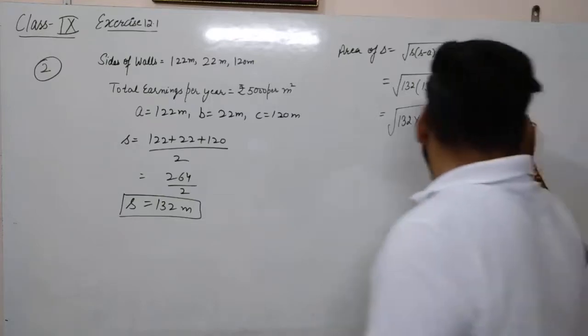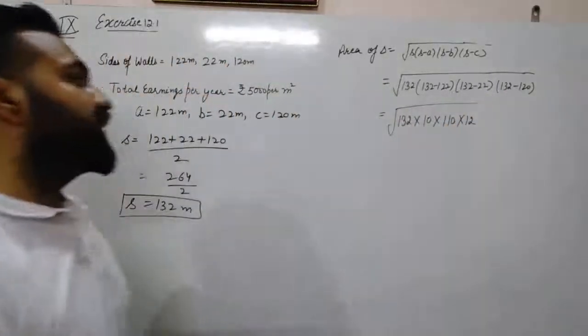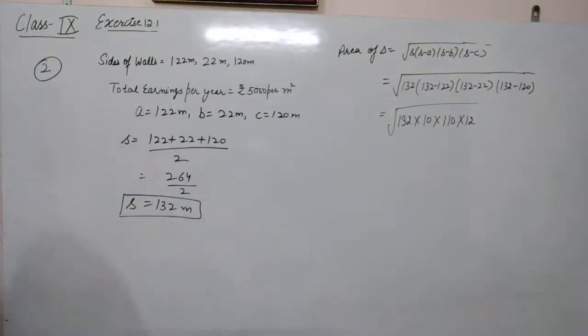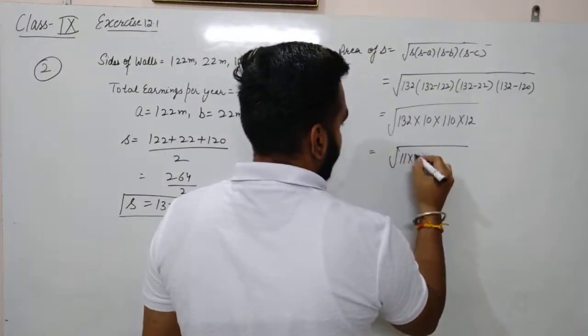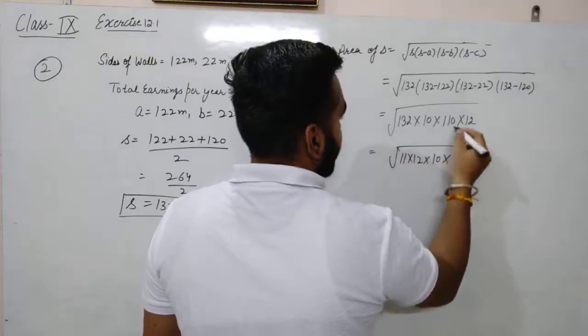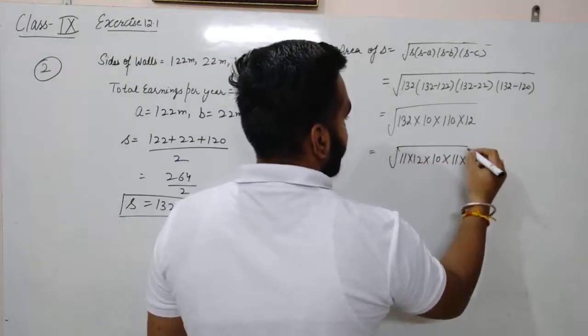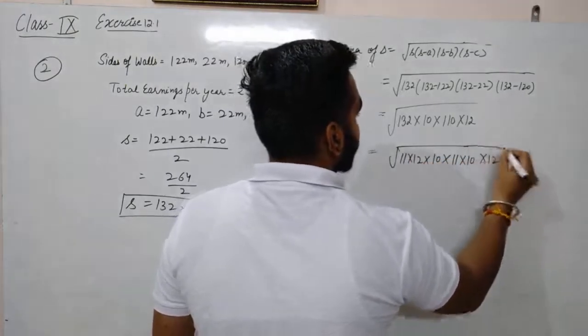Now make the factors in the square root to find the area here. So 132 can be written as 11 into 12. 110 is written as 11 into 10, and this is equal to 12.